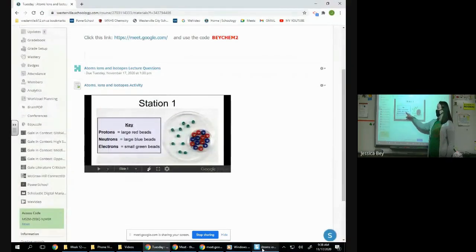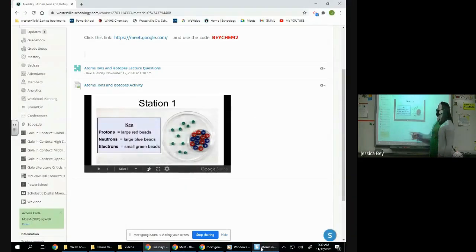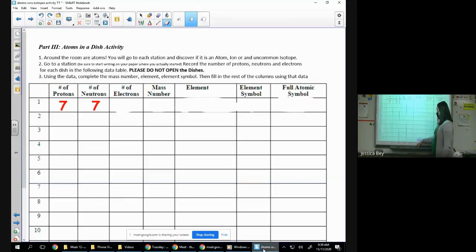The neutrons are the blue beads. 1, 2, 3, 4, 5, 6, 7 neutrons as well. Isn't that fun? Then it asks me to count the electrons. The electrons are the small green beads. In a normal atom, they would be all over. However, it casts a shadow, so we put them all on one side to make it easier. 1, 2, 3, 4, 5, 6, 7, 8, 9, and 10 green beads.